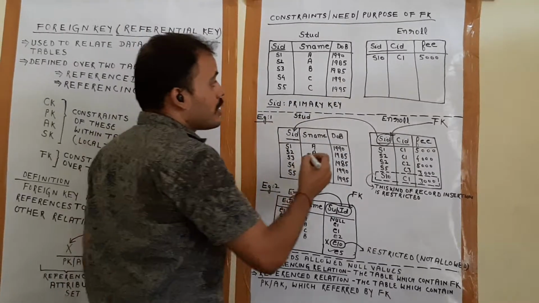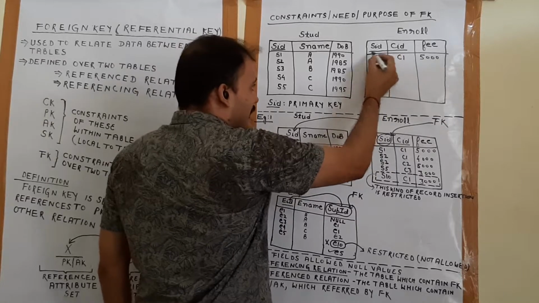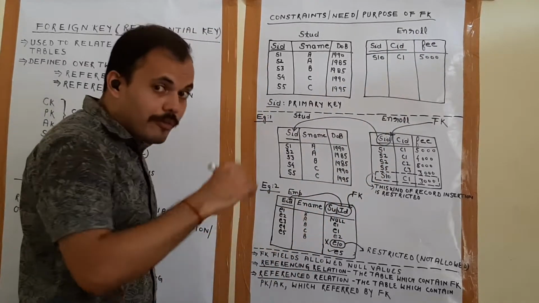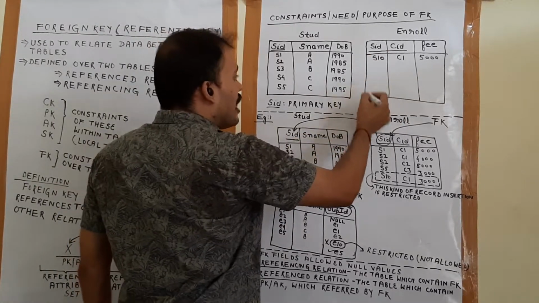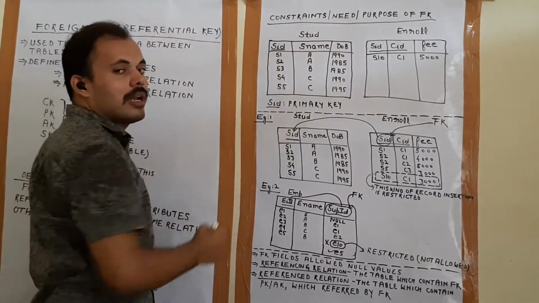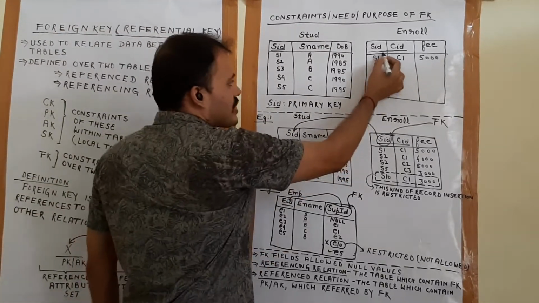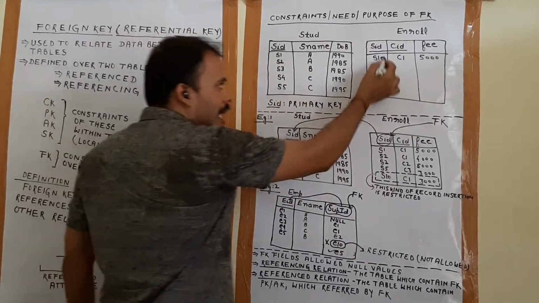Understood? Meaning SIDs will belong to the enrollment table only when these SIDs belong to the student table. Here S10 is not allowed, but S1, S2, S3, S4, S5 are allowed.